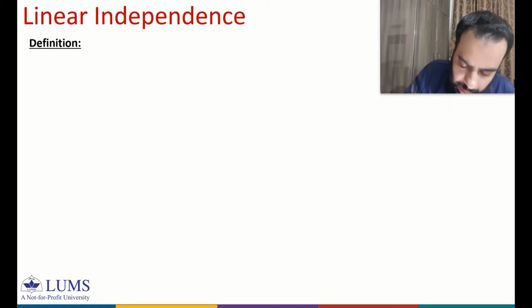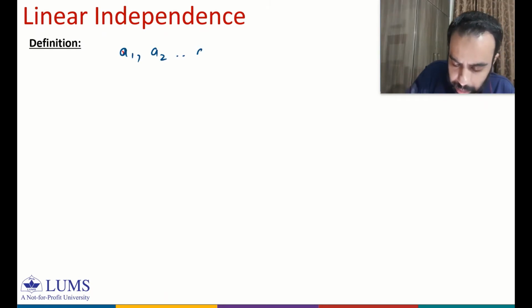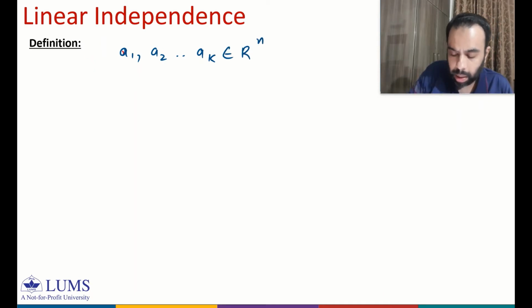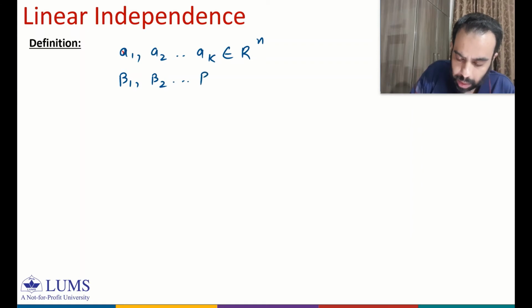Say we have vectors A1, A2, up to AK belonging to Rn, and scalars beta1, beta2, up to beta k that belong to R.